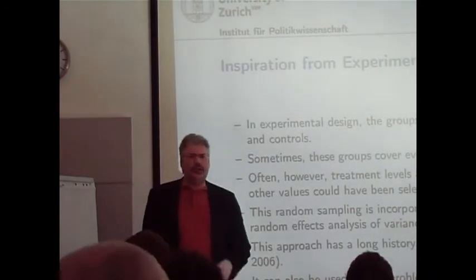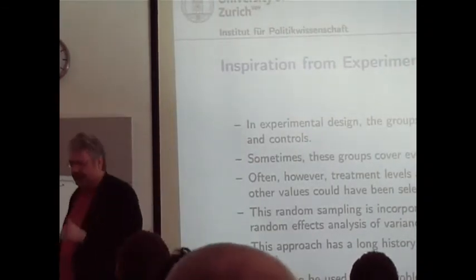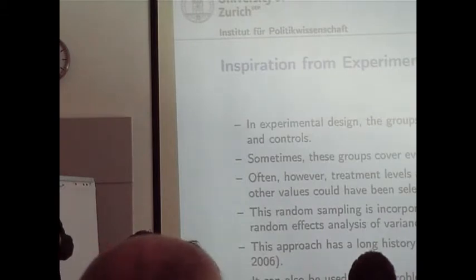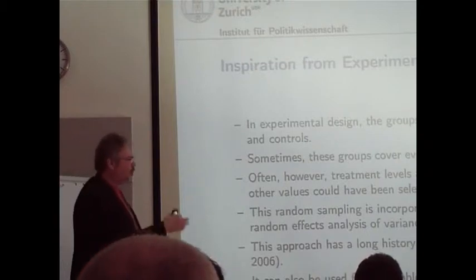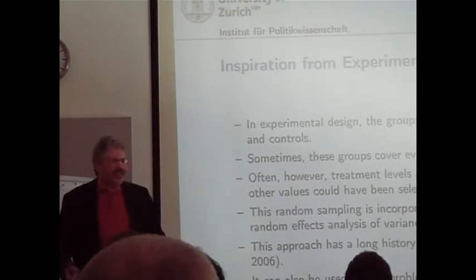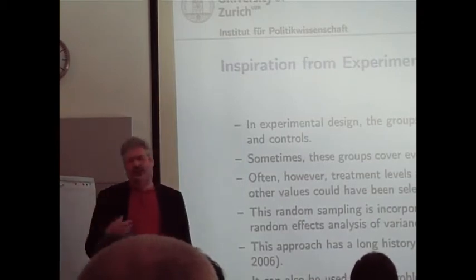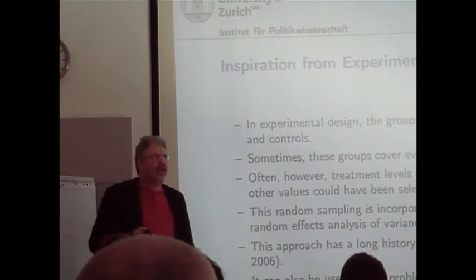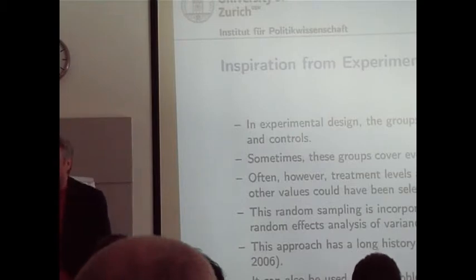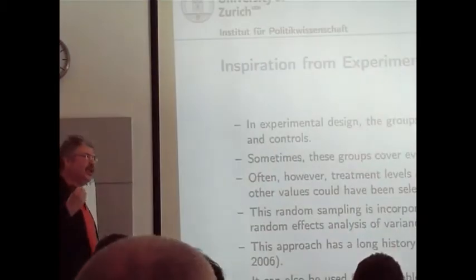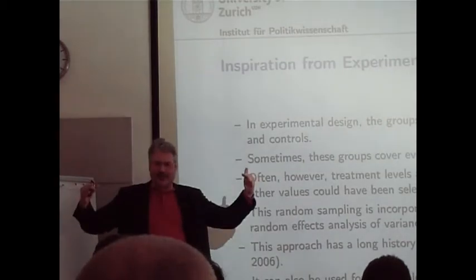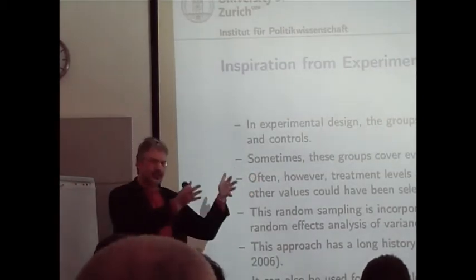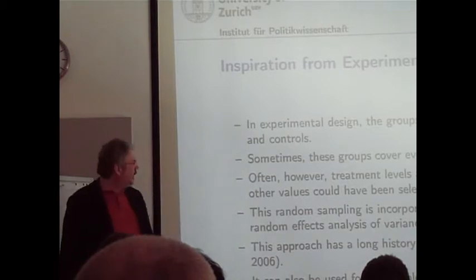For example, if you do a media experiment and you have intensity of exposure, the control is you don't get exposed to the message at all, and treatment is you get exposed once, twice, 3 times. Well, these levels of exposure are somewhat arbitrary. Why not 100 times? So you can think of that as a sample. There's a population of possible levels of exposure, and you've taken just some levels out of them.